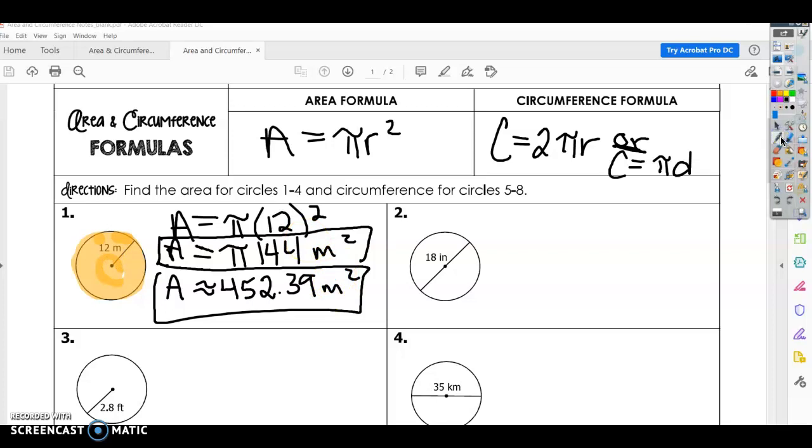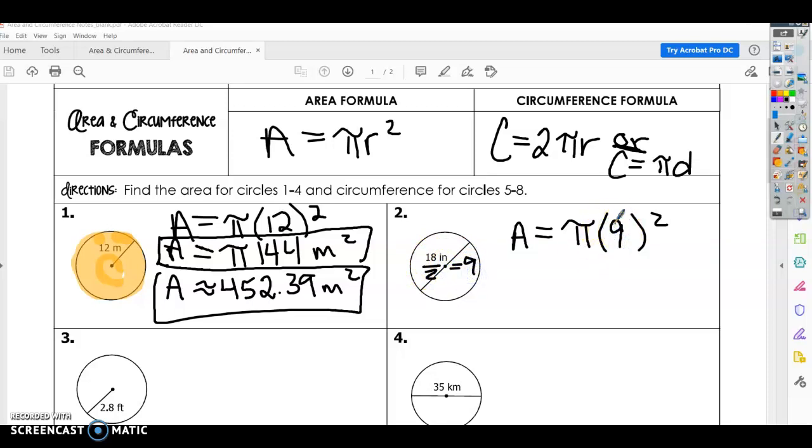All right, let's look at number 2. All right, area equals pi r squared. This time we're given the diameter. So to get the radius, I'll take half of this. So divide that by 2, and that gives me 9.